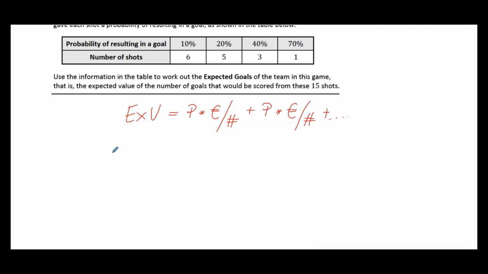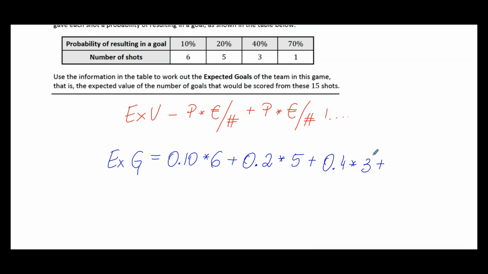So this expected goal will equal what? Probability of 10%. Now, don't forget we have to change that to a decimal. So probability of 0.1 multiplied by the number, which is 6, plus the next one, 20%. So 0.2 multiplied by what? 5, plus 0.4 multiplied by 3.